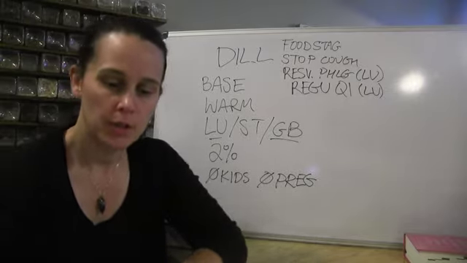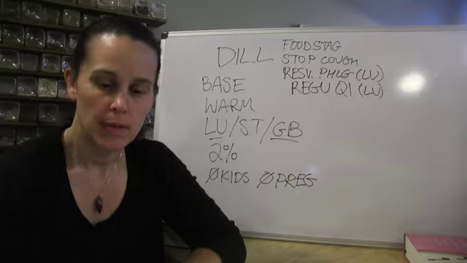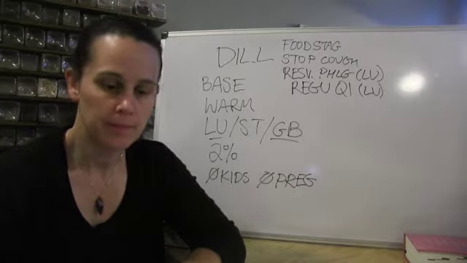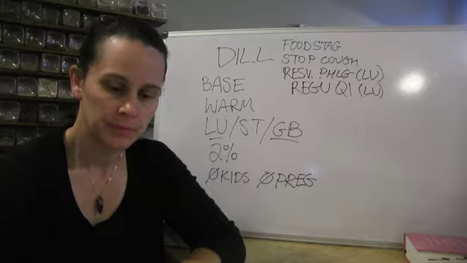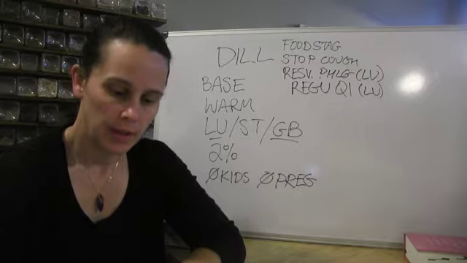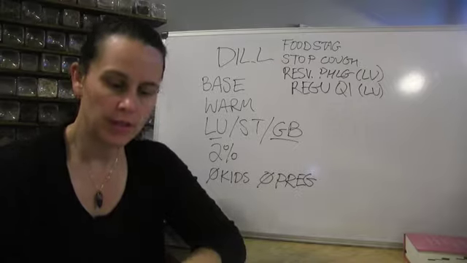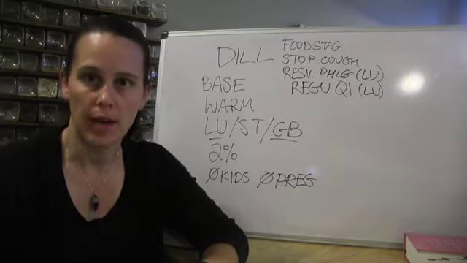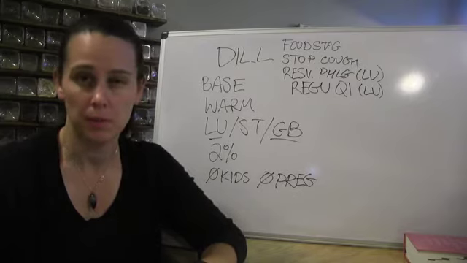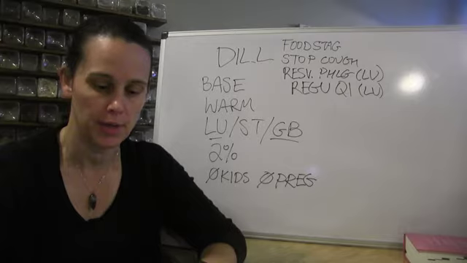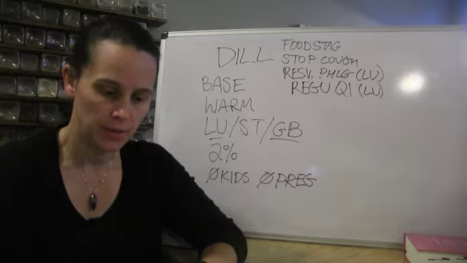It promotes bile secretion, menses, and lactation. And let's see, it's good for immediate distension after eating. So you eat something, feel bloated and distended right away. Dill is a good oil.